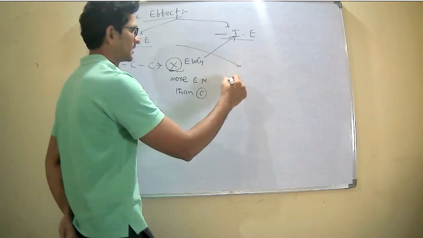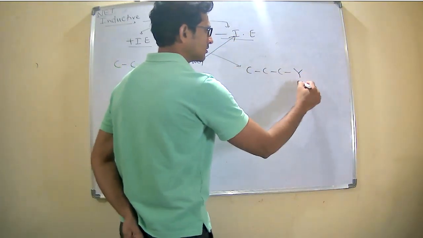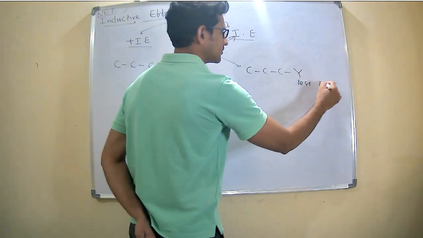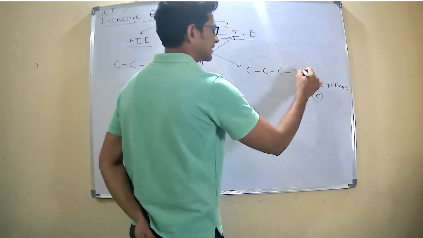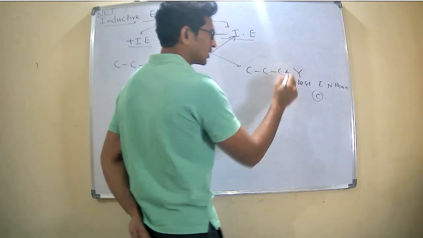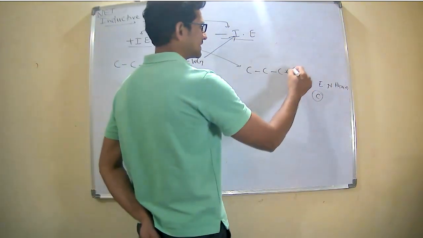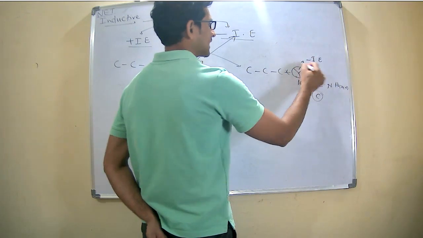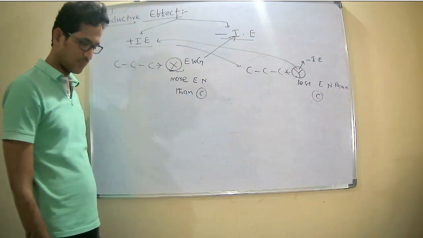On the other hand, if Y is less electronegative than carbon, then Y provides electrons to carbon, and this is called plus inductive effect or electron releasing group.